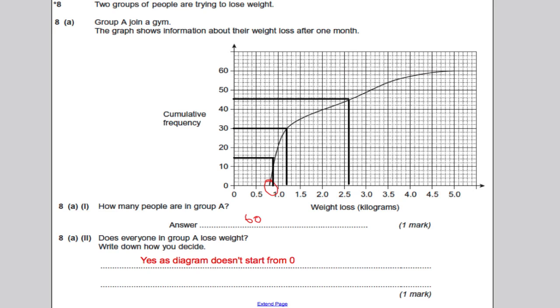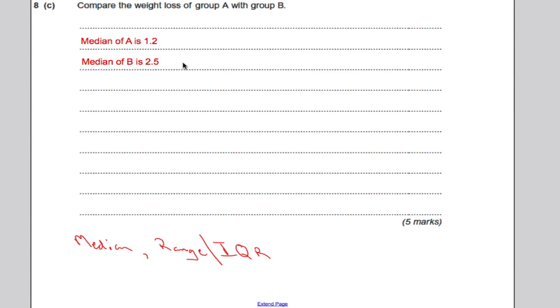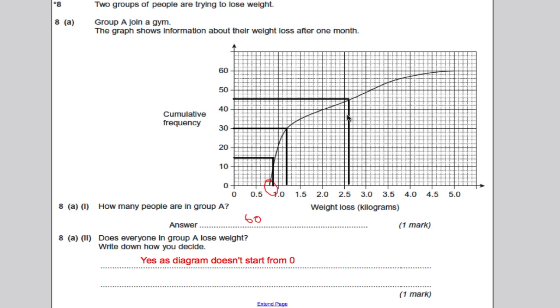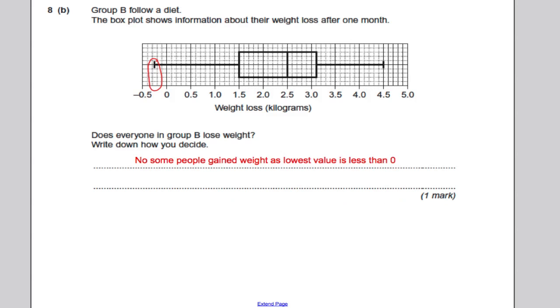So subtracting those, we get 1.8. So 2.7 take away 0.9. Maybe when I did this originally, we move it over a little bit. Again, you do get a bit of tolerance in the exam, so don't be too worried about that. Be as accurate as you possibly can. That's the interquartile range for A.